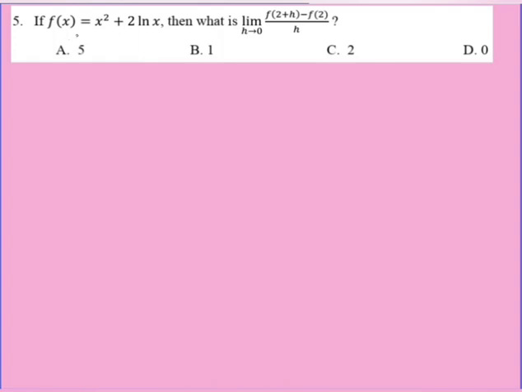If this function is given, f of x is x squared plus 2 ln x, then what will be this one? So this is very simple.